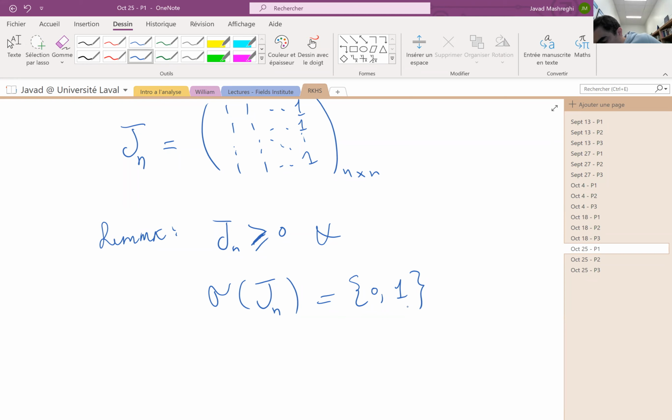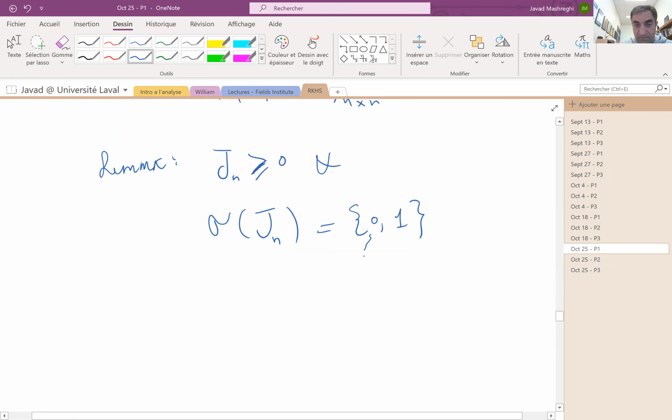This is not explicitly mentioned. So the multiplicity of this one is n minus 1. This one is equal to n. It's not explicitly mentioned in the theorem.